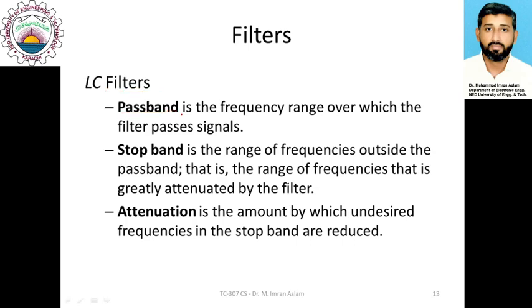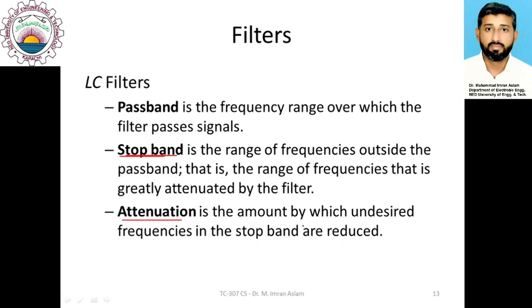As I showed in previous diagrams as well, pass band refers to the range of frequencies which can pass through a specific type of filter. Similarly, another term is the stop band, which refers to the range of frequencies which are stopped by the filter. The entire band which is stopped by the filter is named the stop band.